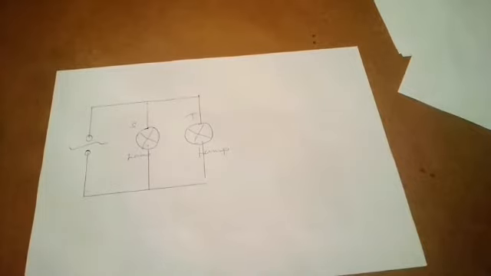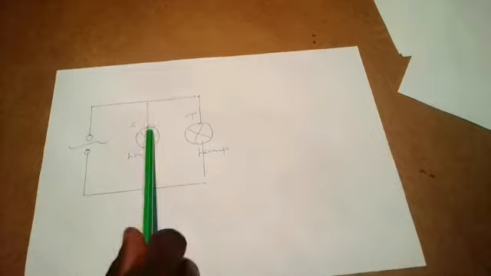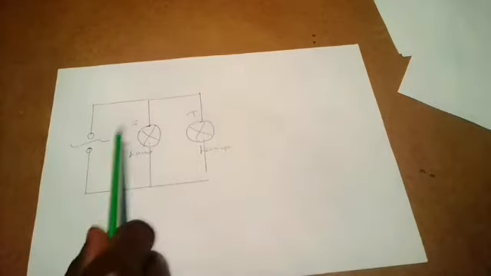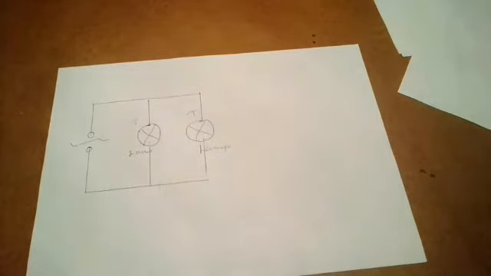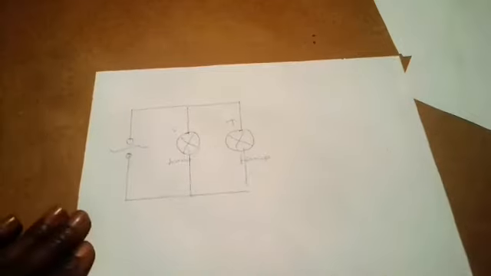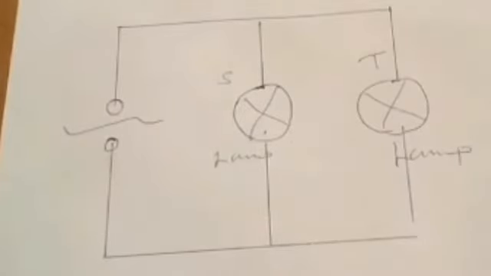So they want us to draw, and we have drawn. They're saying draw a circuit diagram showing resistors S and T connected in parallel. So we can see the connection here. It's in parallel. But the one we had before shows that it's in series.